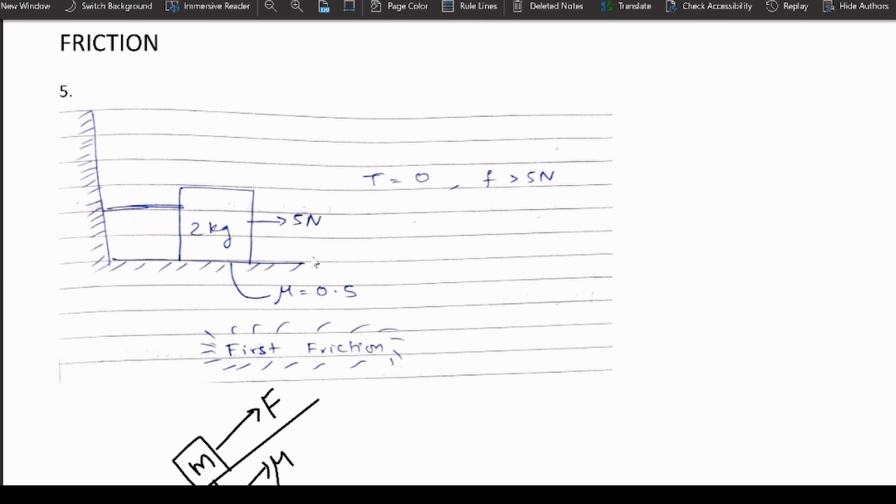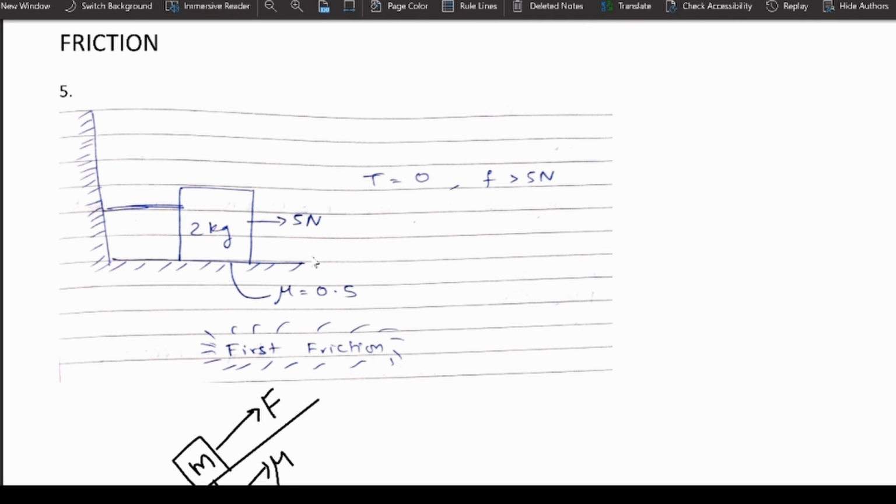This is a highly debated question among many teachers in physics. This is a JE question, and when it came, there was a lot of debate because it was not clear whether tension comes first or friction comes first, because we need to start off with something in order to solve the question, right?